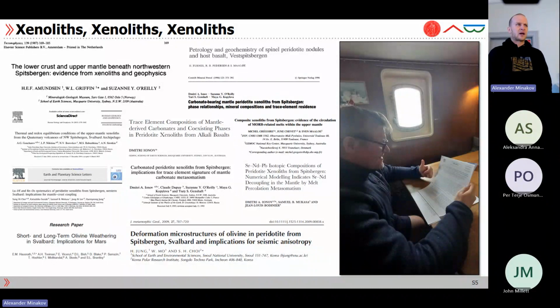And then, with the development of different techniques, people were improving barometric estimations of the formation of the xenoliths and their transfer to the surface.